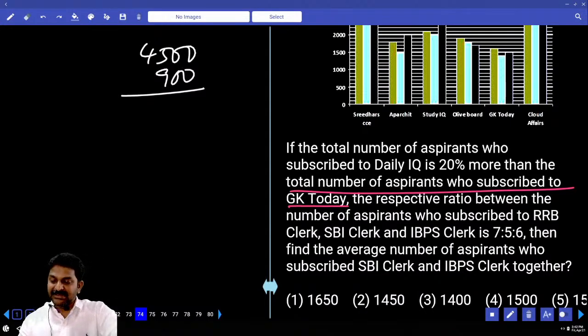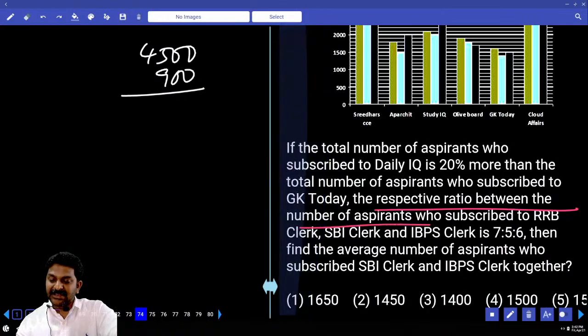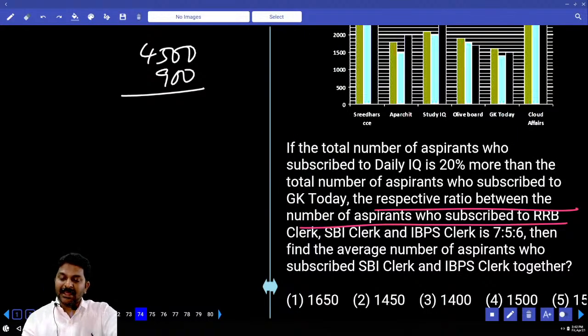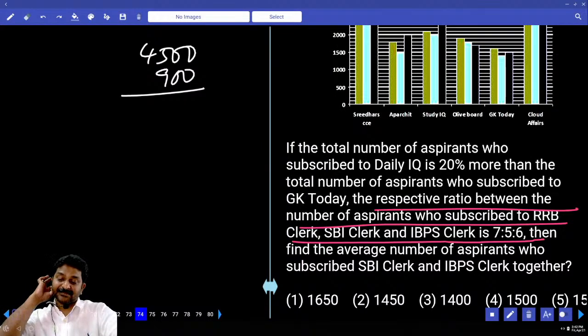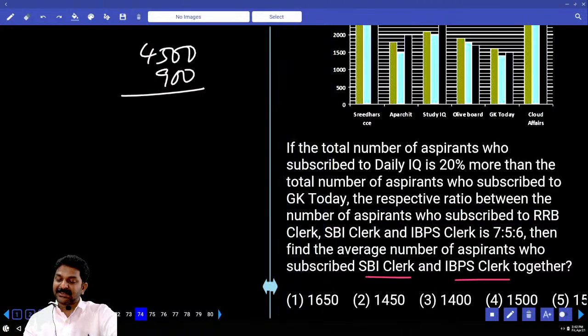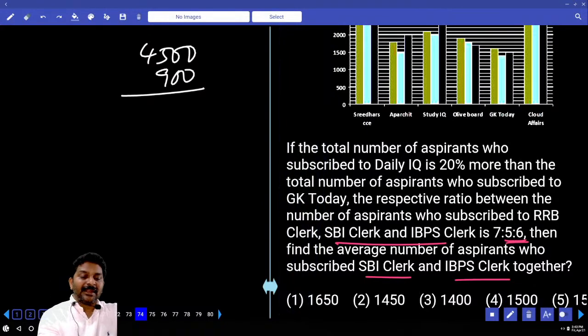Now the question is, the respective ratio between the number of aspirants who subscribe to RRB clerk, SBI, IBPS clerk is 7:5:6. Then find the average number of aspirants who subscribe to SBI clerk and then IBPS clerk. SBI and then IBPS, total how many parts are there? 11 parts upon 18 parts among some number, right?